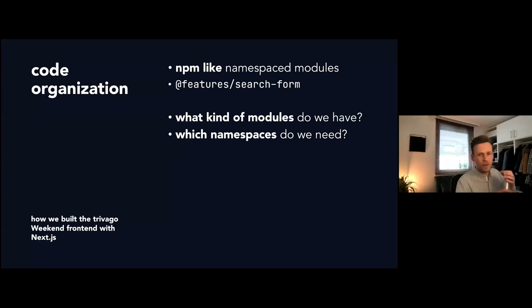So we wanted to have these NPM style modules, but with a better categorization. And that brought us to namespaced modules, like the search form module here that lives within the features namespace. And then we were asking ourselves, what kind of modules do we even have and which namespaces do we need?